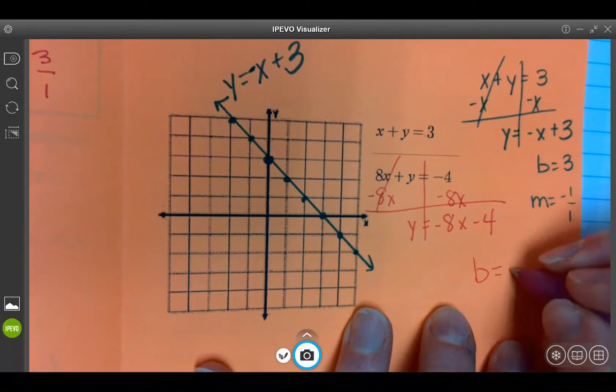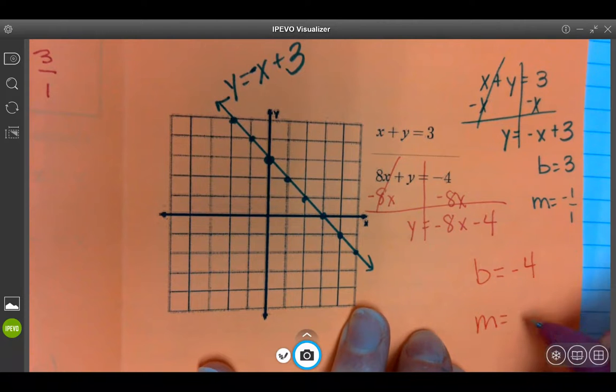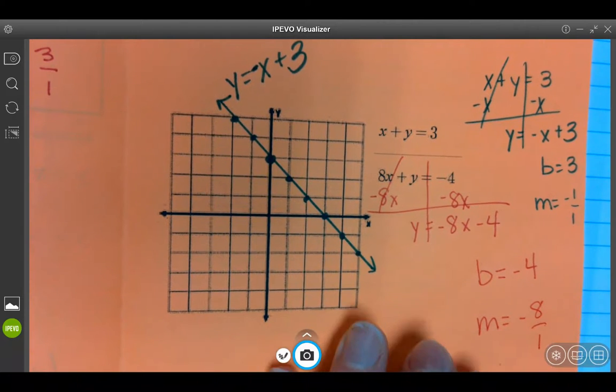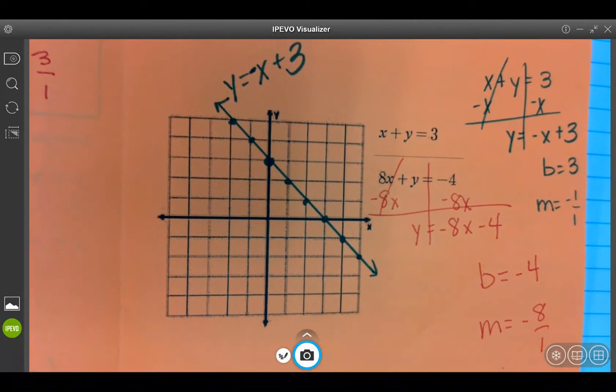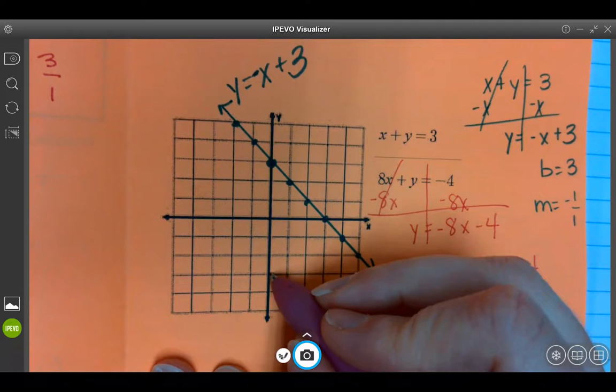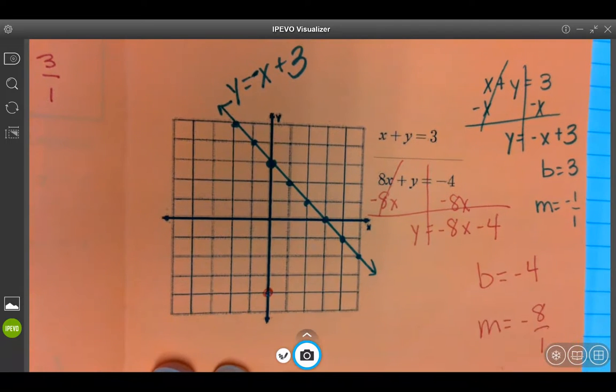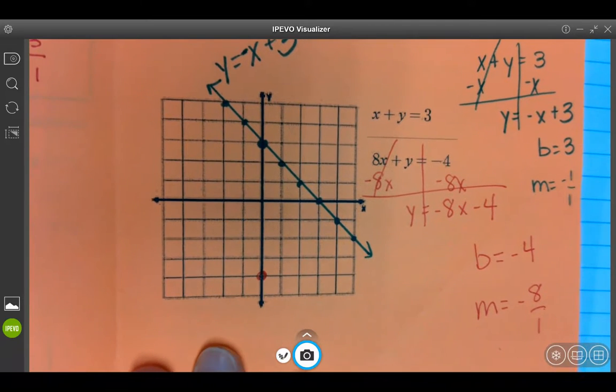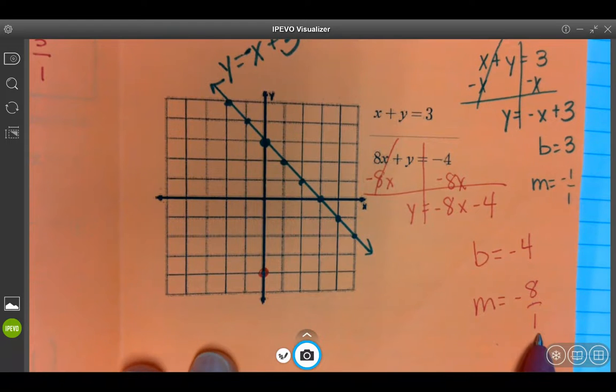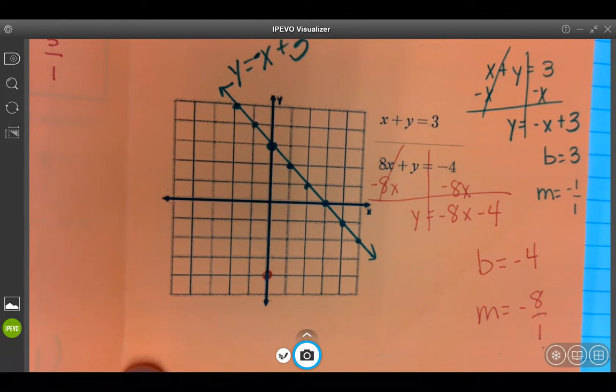So b is negative 4. M is negative 8 over 1. So we know that these aren't going to be the same line. They're different. So start with negative 4. So a slope of negative 8 over 1.